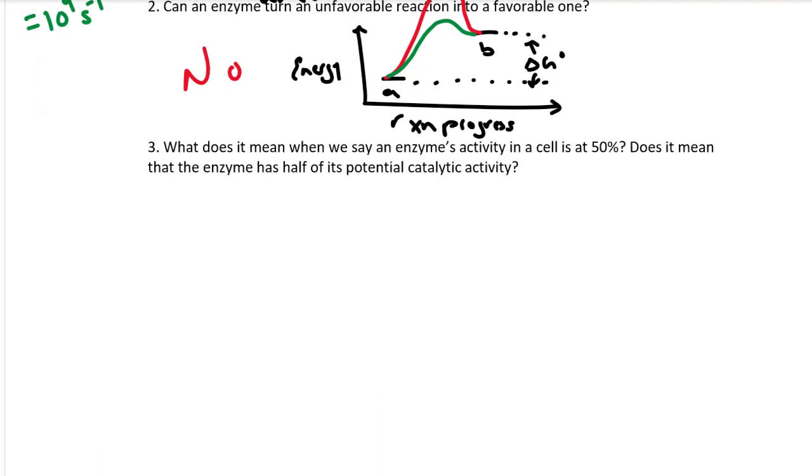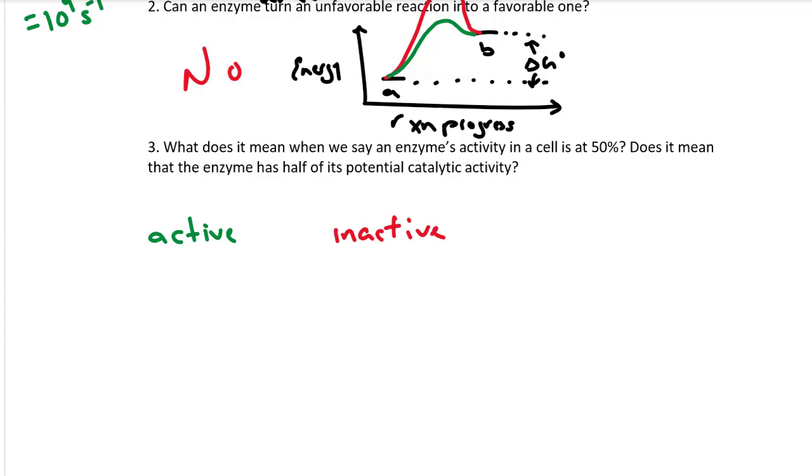What does it mean when we say an enzyme's activity in a cell is at 50%? Does it mean that an enzyme has half of its potential catalytic activity? This is actually very important because it not only affects enzymes, but it affects other things that we'll be talking about later. You can think of an enzyme as being either off or on, a binary switch, where it's either active or inactive.